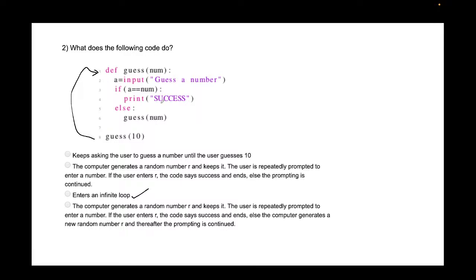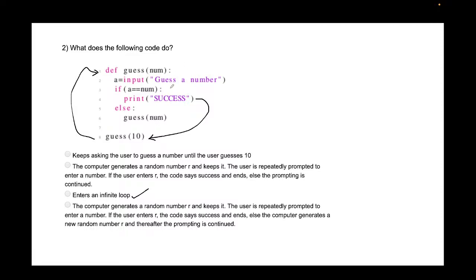Okay, so the catch in this is, even if the number guessed by us is equal to 10, even after that the control flows back here. So after here it goes back here. So there should have been a break statement after this print statement. Otherwise this flow of control will go like this. It will keep on calling this function again and again, and it will print success so many times.